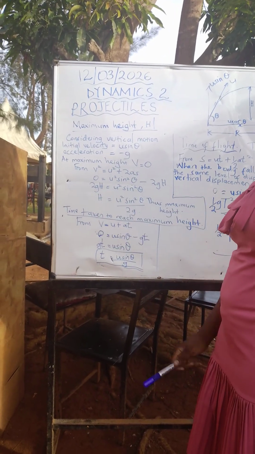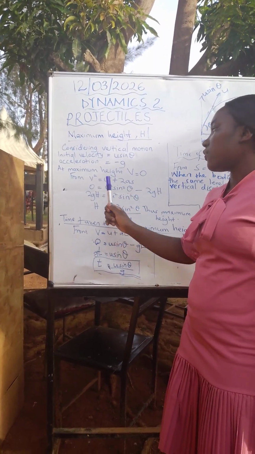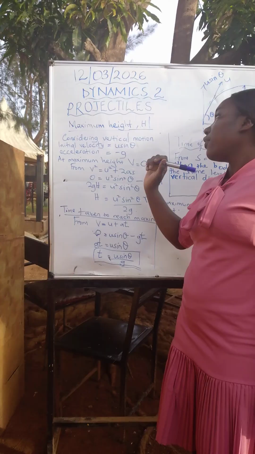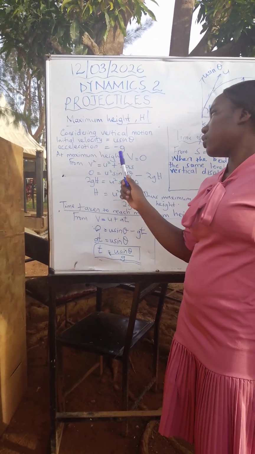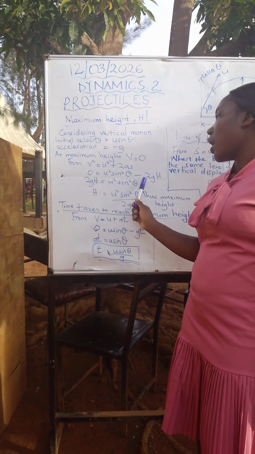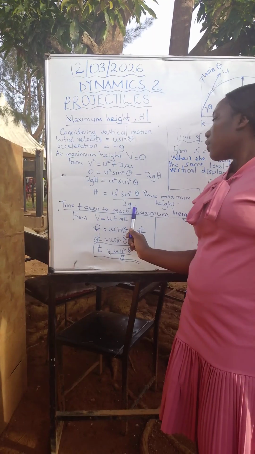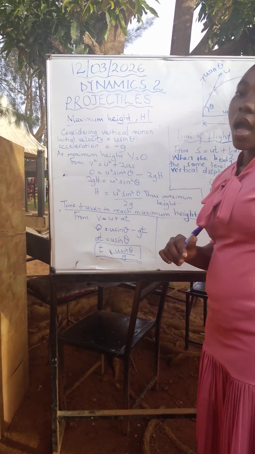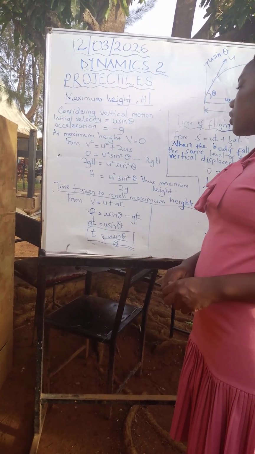Using the third equation of motion, v squared equals u squared plus 2as. V is 0, and u for the vertical motion is u sine theta, so it's squared, and then we said acceleration is negative g, that's why we have negative 2gH. And so we come up with a formula, or a derivation, for maximum height.